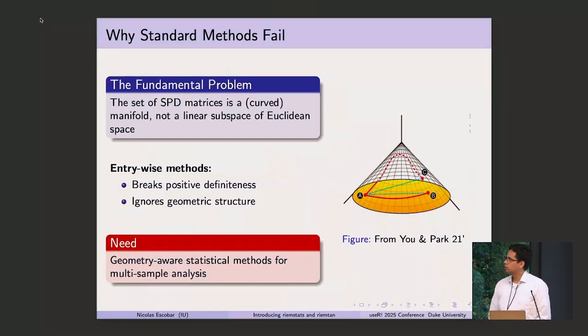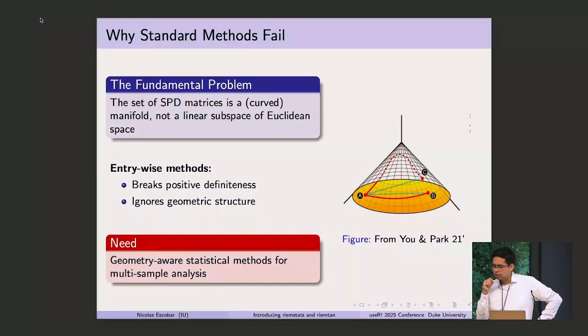The fundamental problem that I'm concerned with is that the set of SPD matrices is a very special set because in particular it's not a linear subspace, right? If you add two SPD matrices, you may not get another SPD matrix. To be more precise, that set is a cone inside Euclidean space.